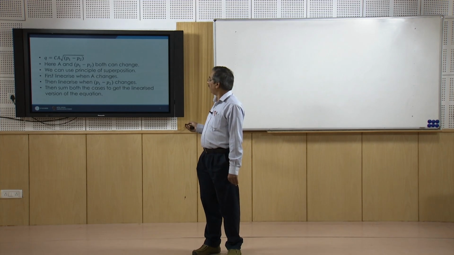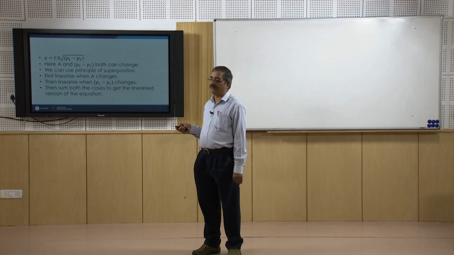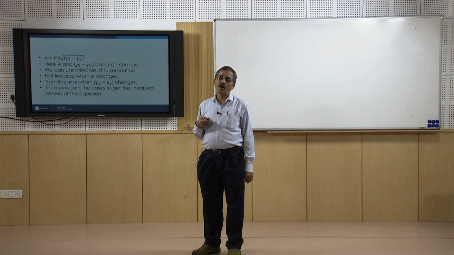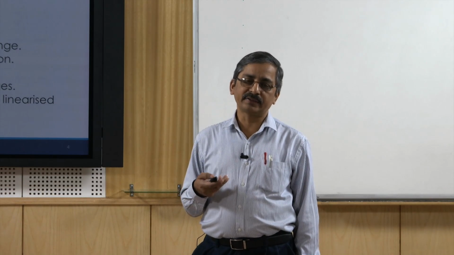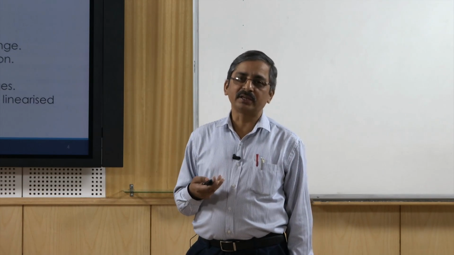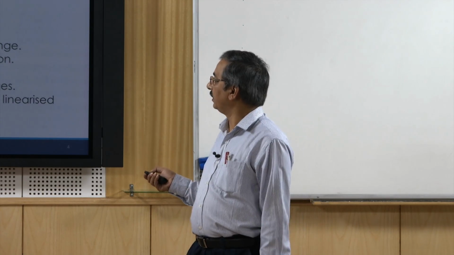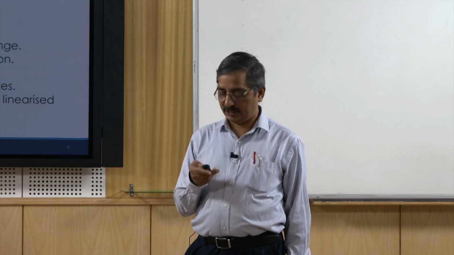So, this way we can get the effect for the combined case, that is, the case when the area of cross section is varying and the case when the pressure drop is changing.